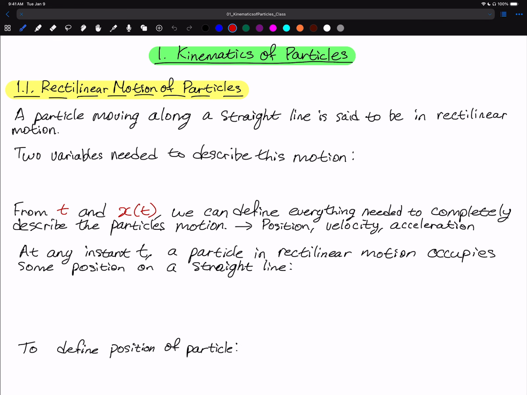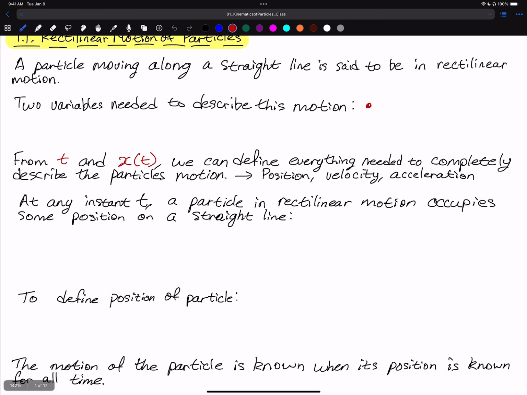We need two variables to describe this type of motion. The first variable we're going to need is time, which we'll represent using the variable t. And then we need some distance along the line, and we're going to call that x of t.